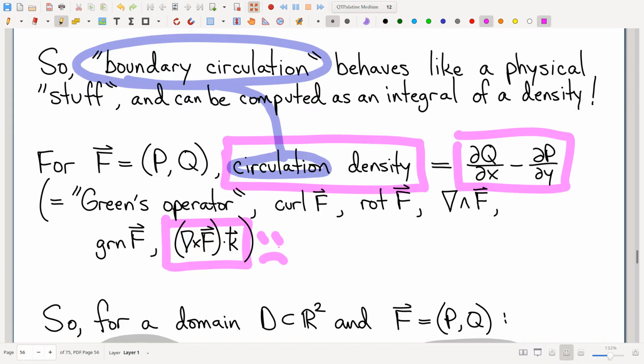Yes? Would it be more helpful if you had a 3-dimensional vector field? 100%. Kind of. We are eventually going to talk about a 3-dimensional version of this. In that version, and I don't want to get too far ahead of myself, there will be a notion of boundary circulation.